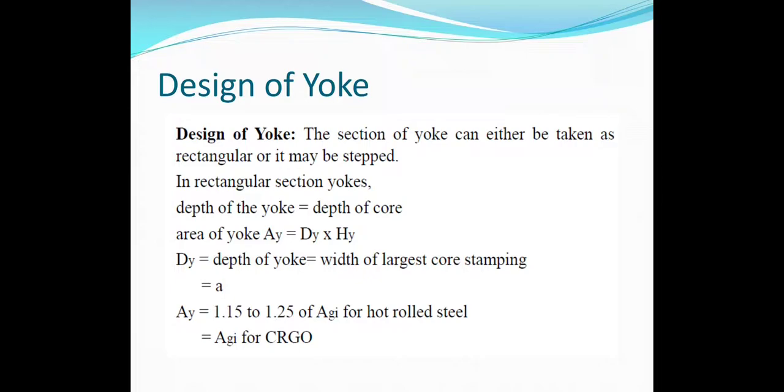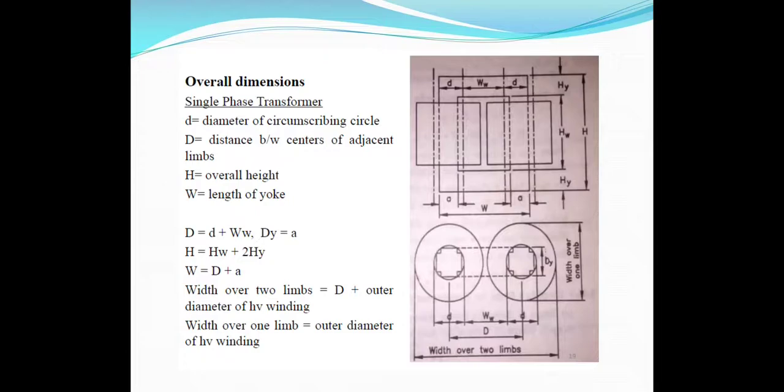Depth of the yoke is also equal to the width of the largest core stampings, and the value of the area of the yoke is 1.15 to 1.25 of Agi for hot rolled steel, and it is equal to Agi for CRGO, that is cold rolled grain oriented steel.